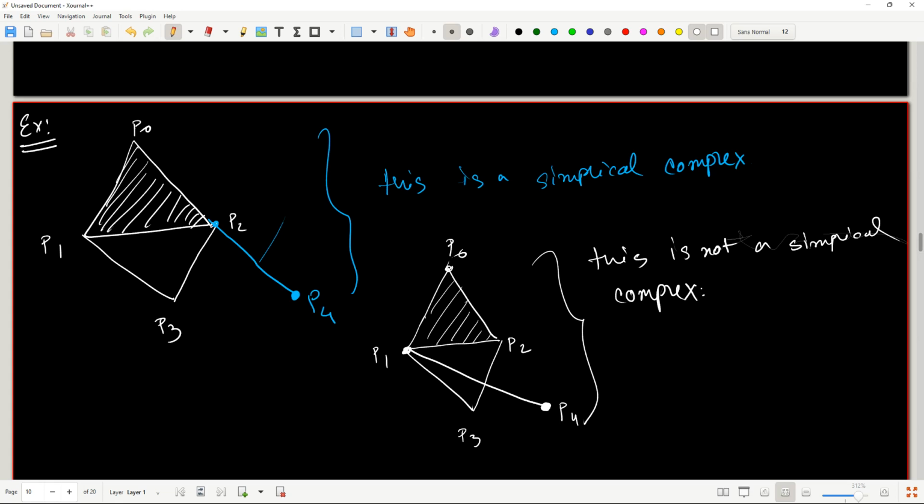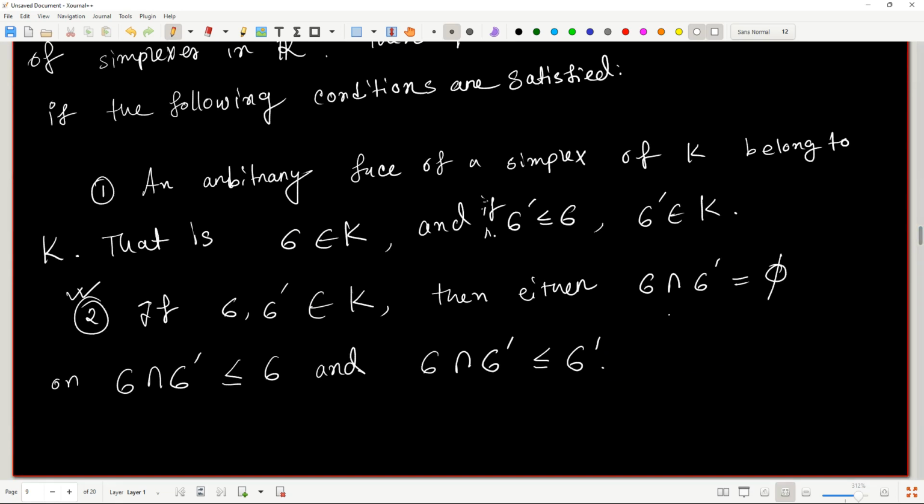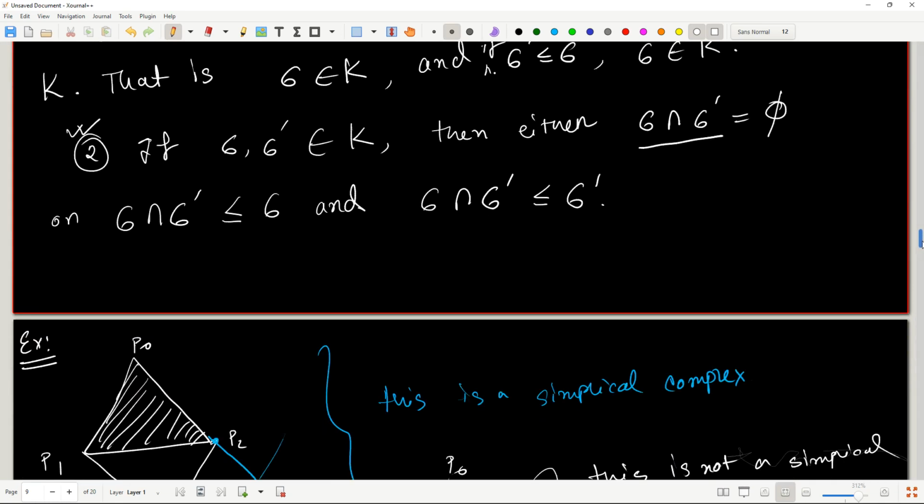Why? Just look at the second condition. Either your faces don't intersect, meaning their intersection is null, or their intersection must be one of the faces.